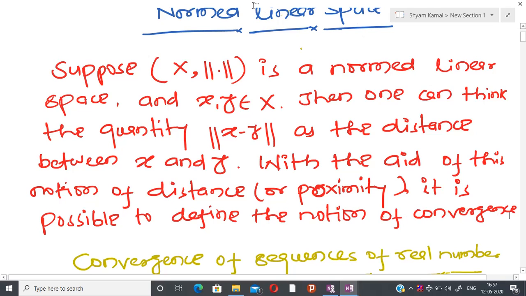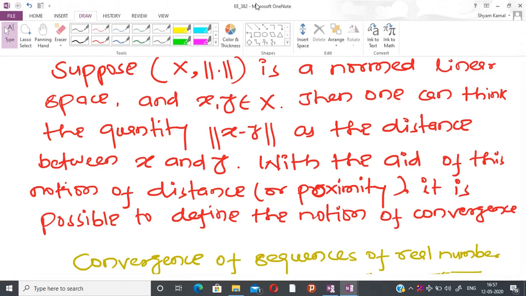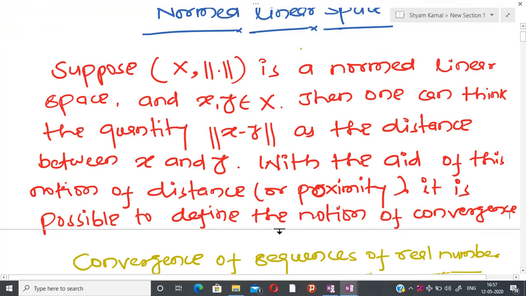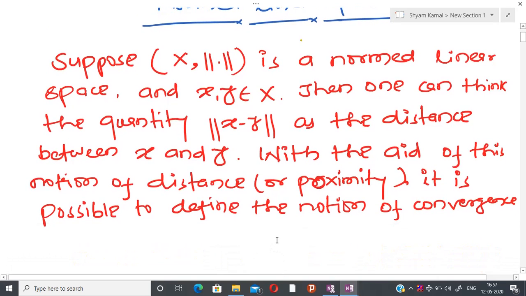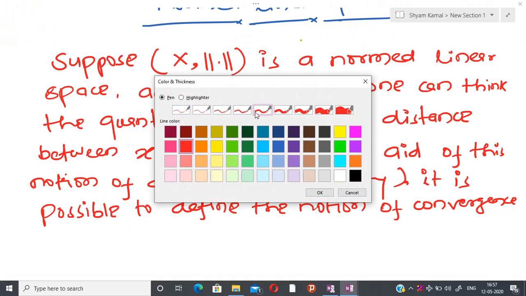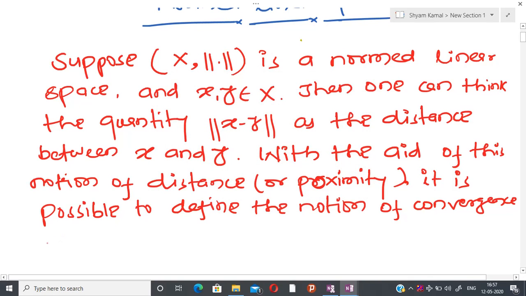So the main theme is that now we are going to talk about the notion of convergence in this particular space, in the normed linear space setting.